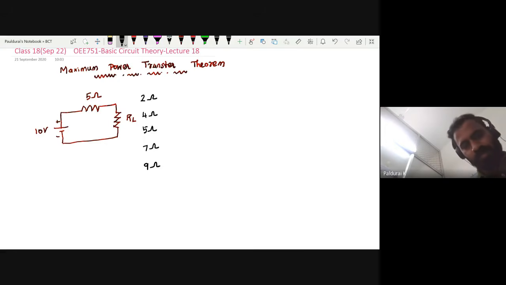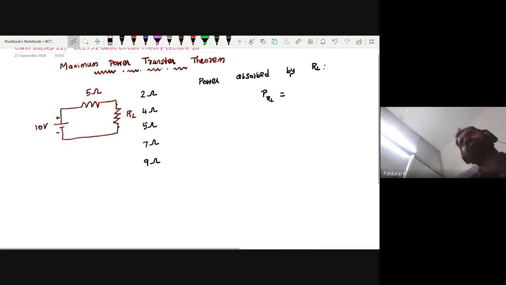What is the power absorbed by this load resistor? Power absorbed by load resistor RL. You want to calculate the power absorbed by the load resistor. What's the formula for power?